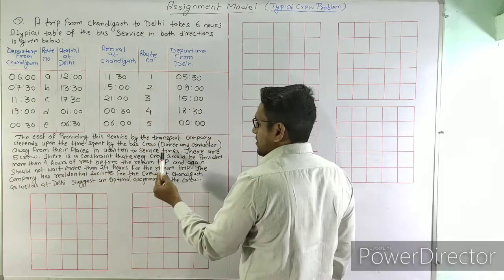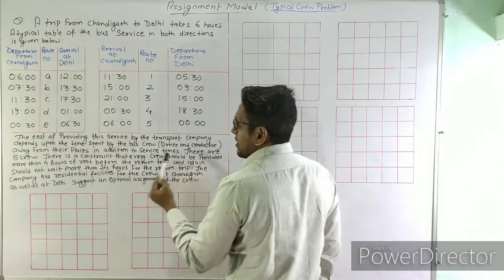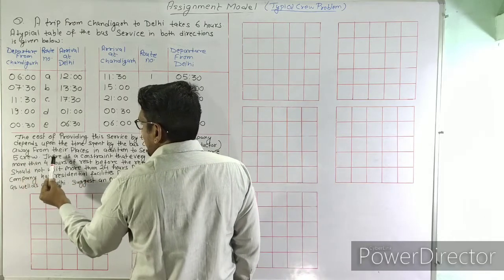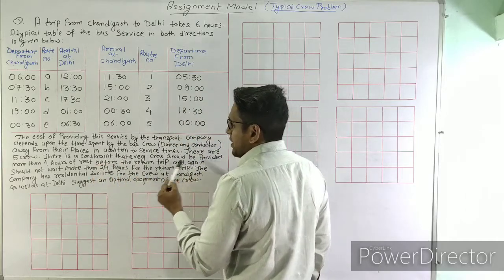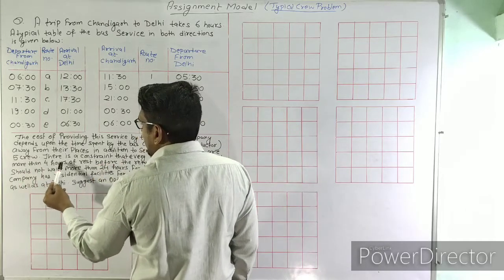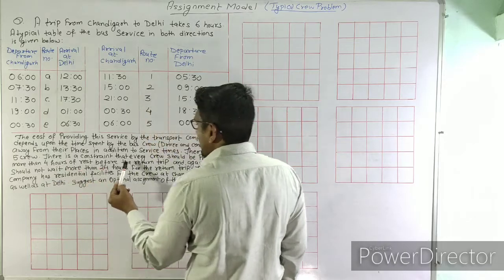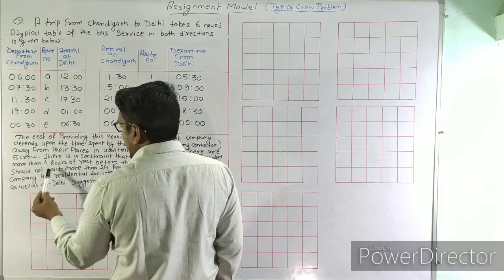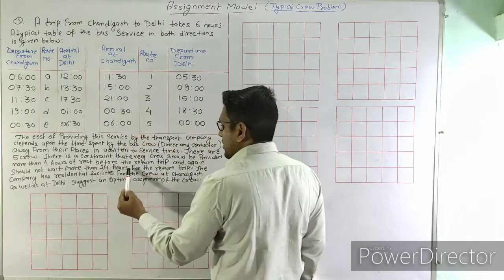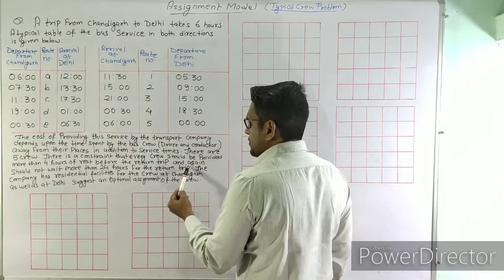In addition to service times, there are 5 crews. There is a constraint that every crew should be provided more than 4 hours of rest before the return trip, and again should not wait more than 24 hours for the return trip.